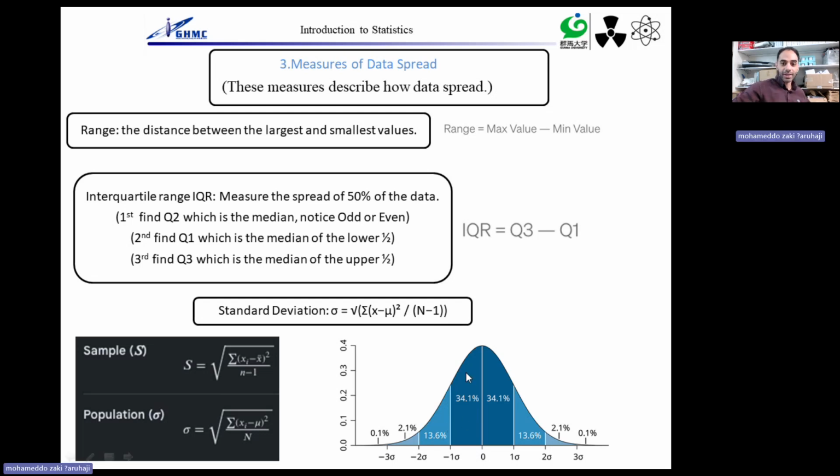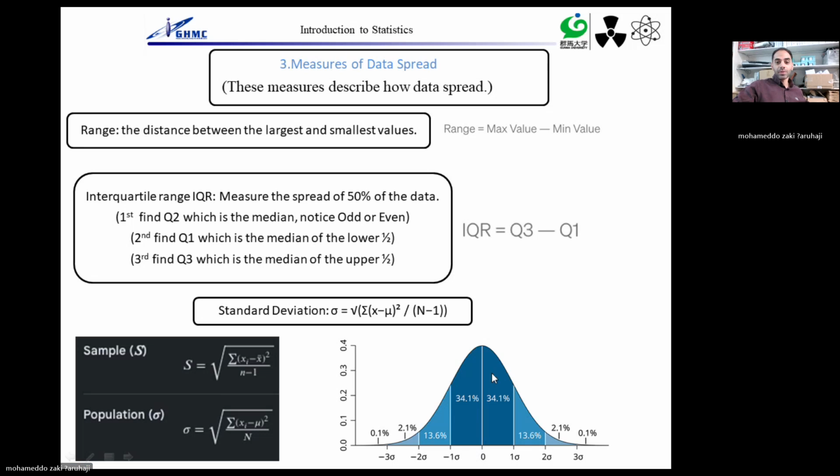If I cover this area, which is 34.1% on the right, I am one standard deviation away from my mean on the right side. If I cover this area, 34.1% on the left, I am one standard deviation away on the left side.